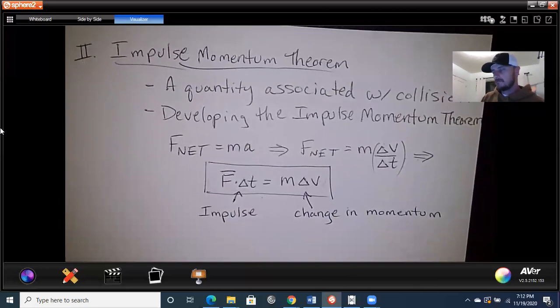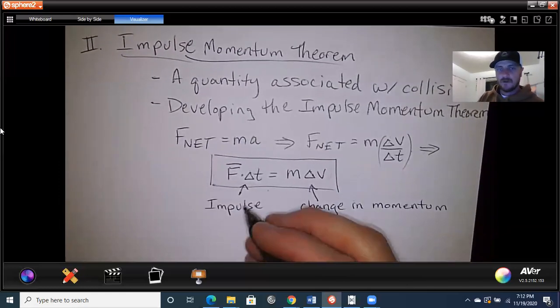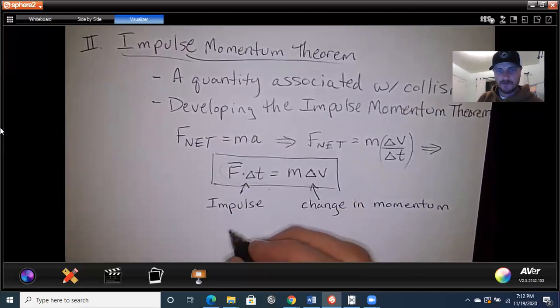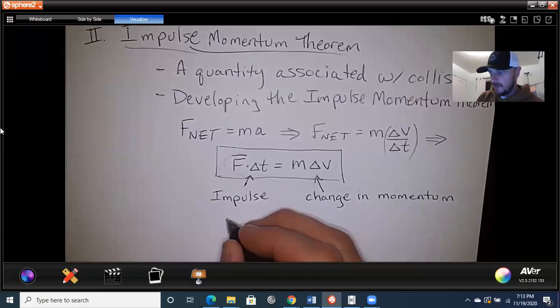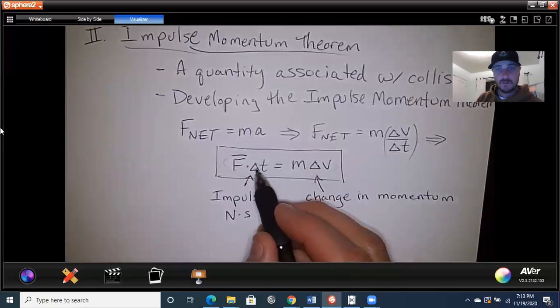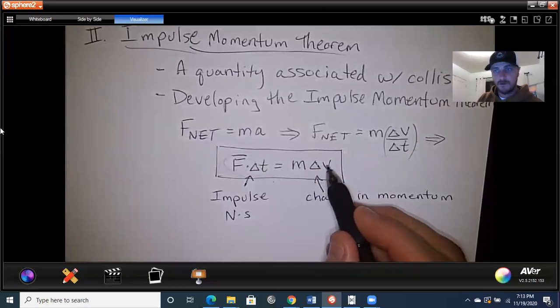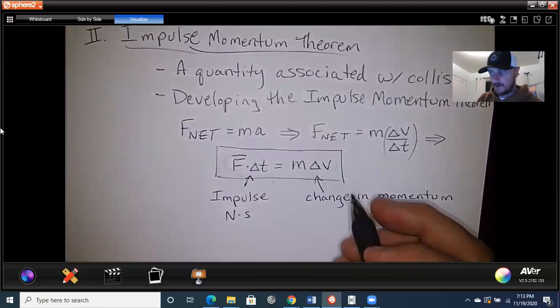All right, so let's say some other things here. What's the unit of this idea of impulse? Impulse is equal to F delta t, and its unit is the Newton second, right? Newtons times seconds. Well, change in momentum, the unit over here would be kilogram meter per second, right?